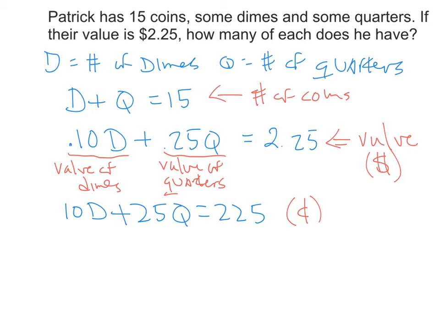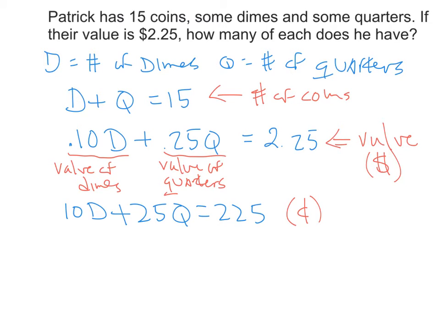Now, what we want to do is use our substitution method, but you'll notice that the first equation, D plus Q equals 15, is not ready yet to substitute, because you don't have D equals some stuff or Q equals some stuff. But that means you can simply solve that equation.